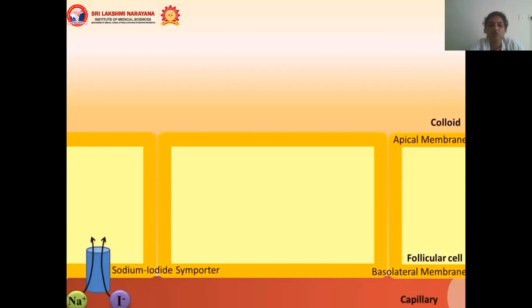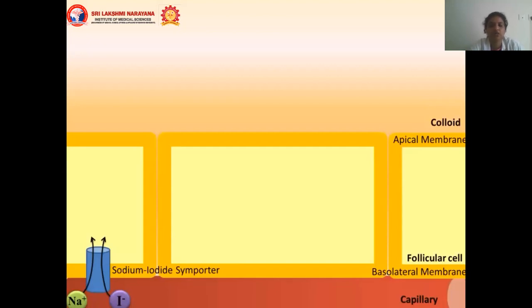So the sodium outside the cell is maintained at a higher concentration when compared to the inside. So the sodium ion tends to move from the outside to the inside of the cell. So when the sodium ion moves from outside to inside of the cell, it also pulls along with it the iodide ions.